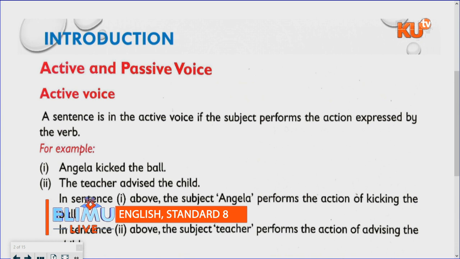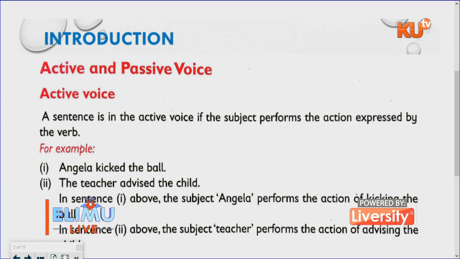A sentence is in the active voice if the subject performs the action expressed by the verb. For example, Angela kicked the ball. The teacher advised the child. Those are two sentences there which are in active voice.